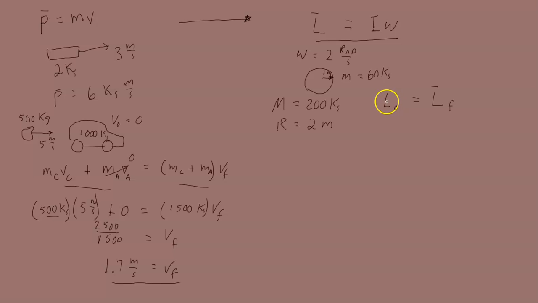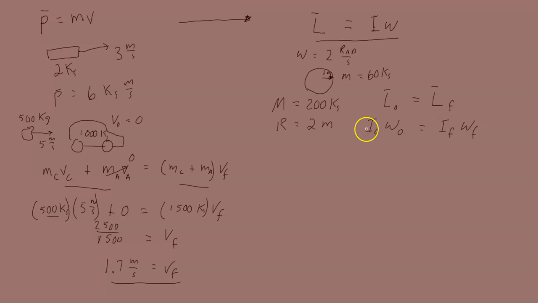That says I initial times omega initial is equal to I final times omega final.